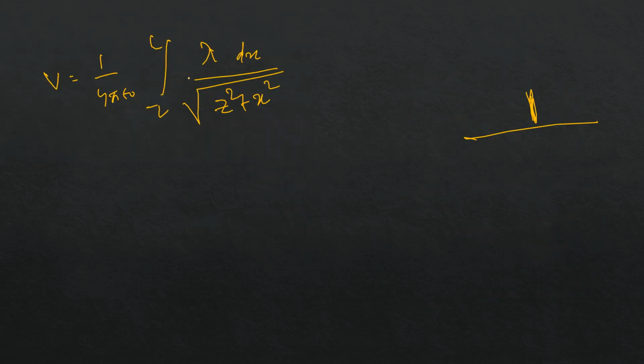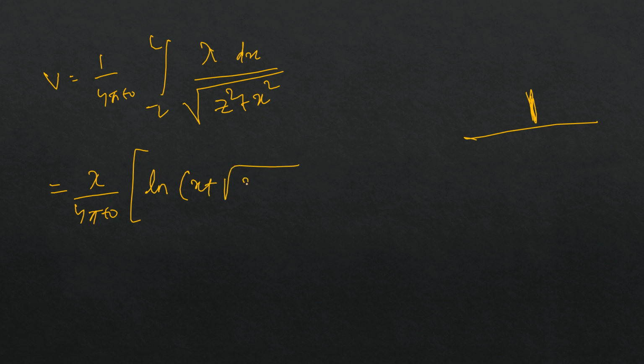So this is your integration. If you do the integration, it will be lambda by 4 pi epsilon naught ln of x plus the square root of x square plus z square, from minus L to L.